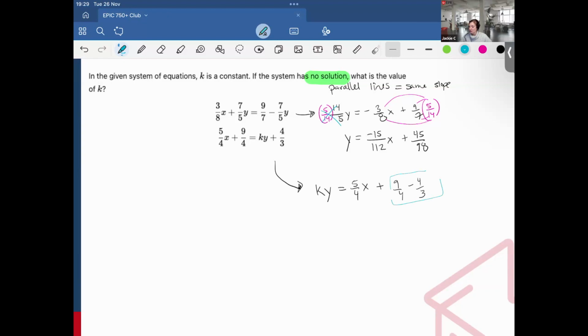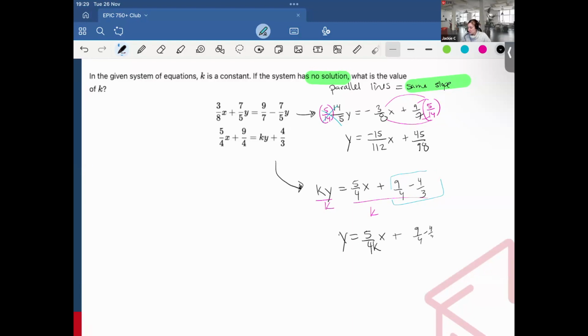I'm just concerned with the slope, so I'm not going to do that. Then I would just divide everything by k. So this becomes y equals 5/4 k x plus 9/4 minus 4/3 over k. Again, we don't care about the y-intercept. So now I know it has no solution.